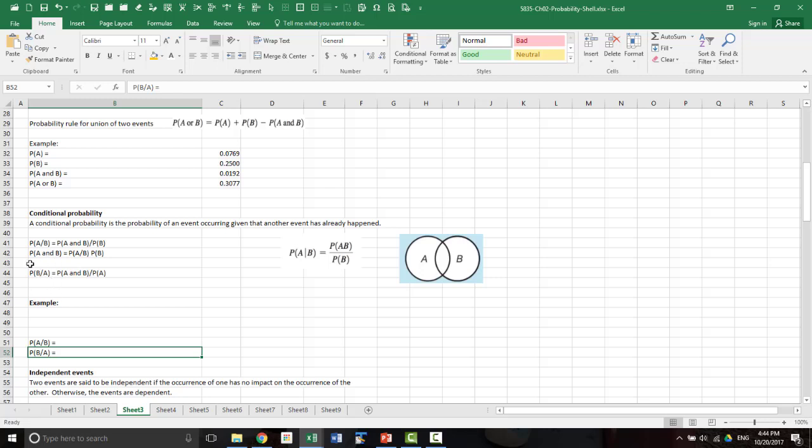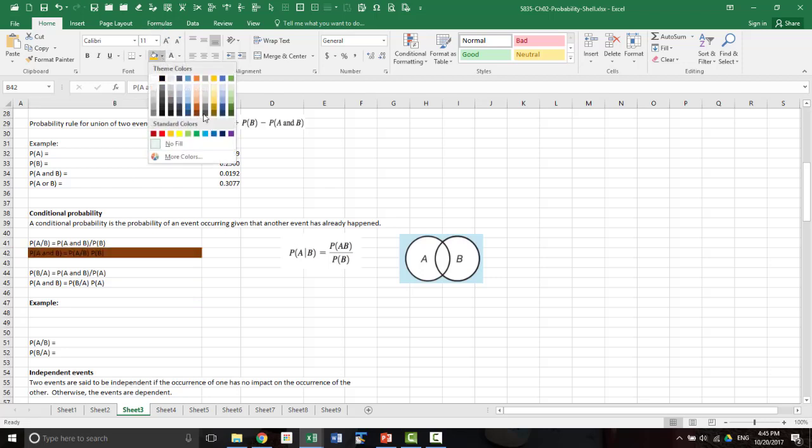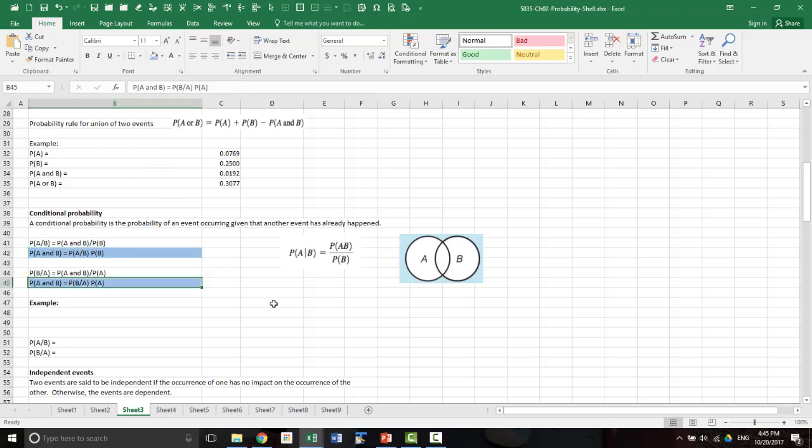Probability of B given A is the probability of A and B, the intersection, divided by probability of A, since A is given now. And coming from this direction, the probability of the intersection can be written as probability of B given A times probability of A. So both versions of the formula are true.